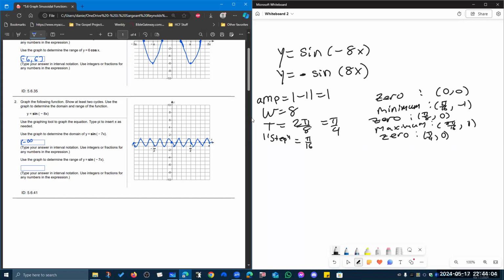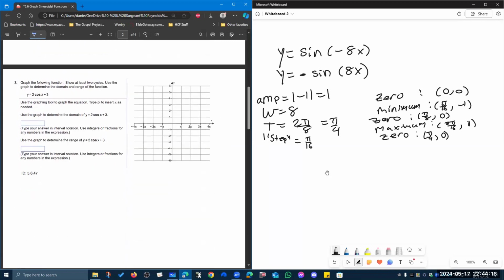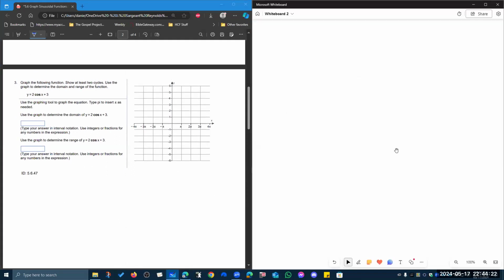The domain is negative infinity to infinity, and the range is -1 to 1. Let's hope this one is a little bit better for graphing. So y equals 2 cosine x plus 3.